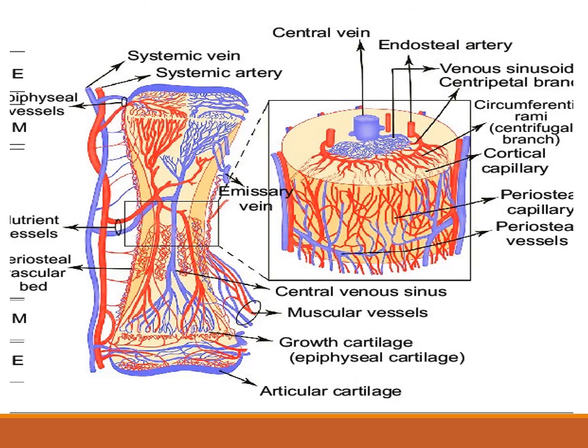So I know this is a bit crowded picture, but it explains the diaphyseal and nutrient artery and its branches very clearly.